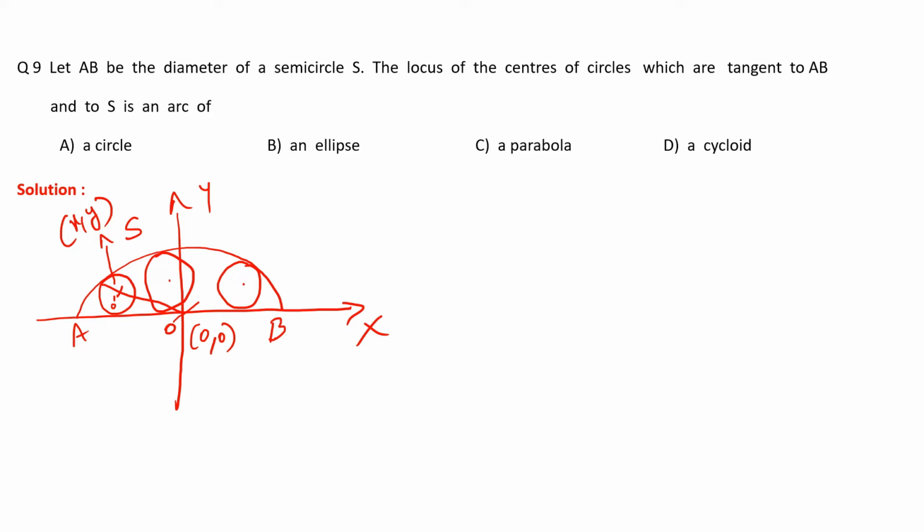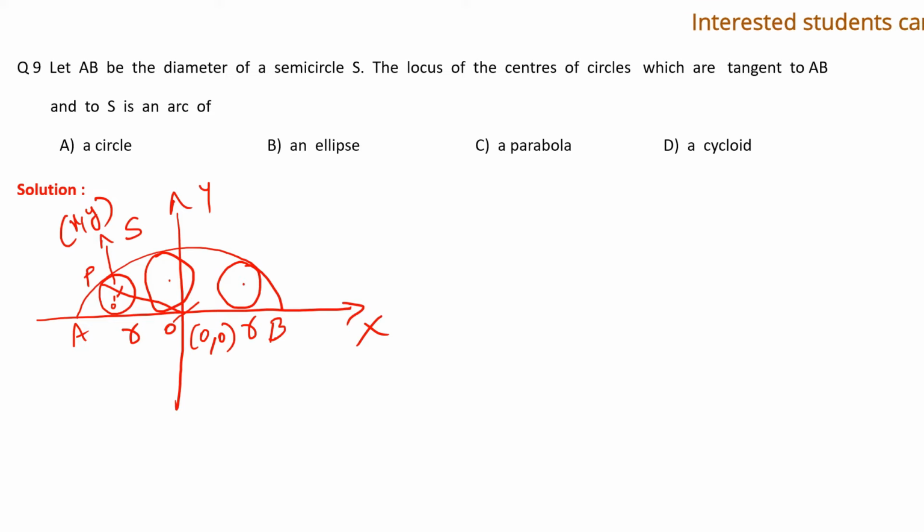I am taking the radius of the original semicircle as r. It is going to be fixed. That means OA is equal to OB is equal to r. Let's take this particular point as P. This is the point of contact of the inner circle and the bigger semicircle.